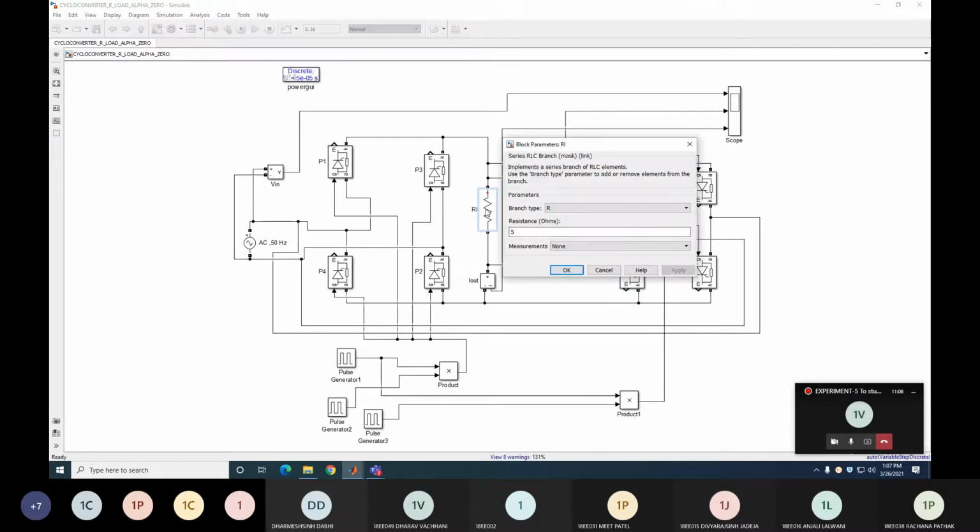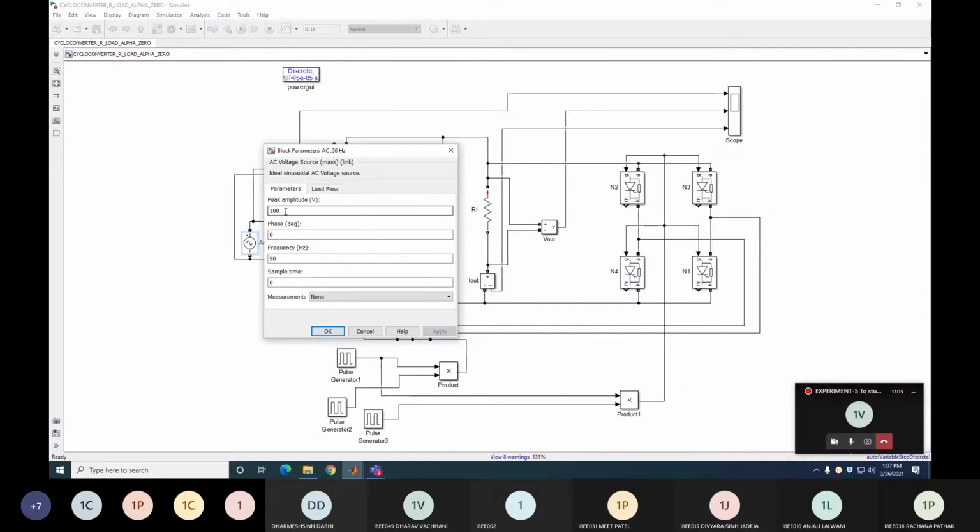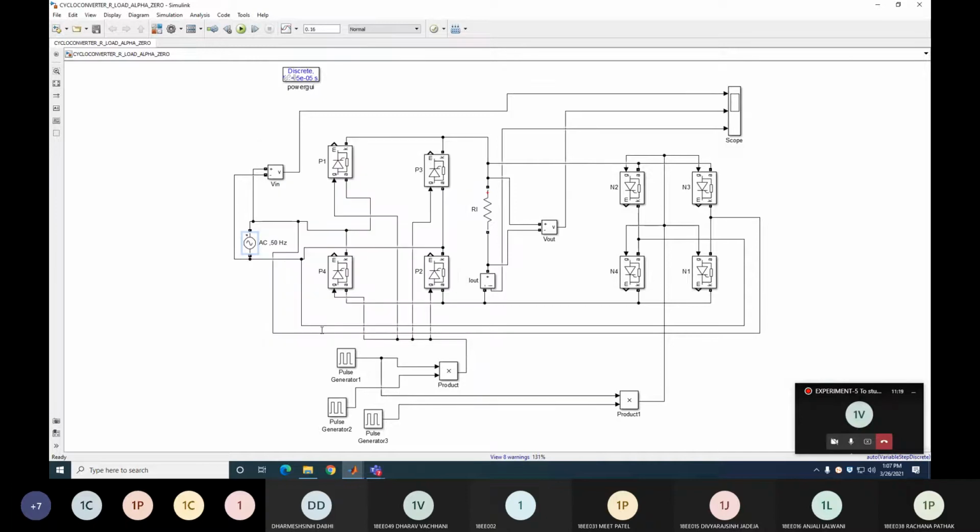So you can see here, I take the resistive load value. Supply is AC of 50 Hz. For the supply voltage, I have taken here 100 volt peak voltage. Frequency is 50 Hz. And here it is a step down type of cycloconverter.